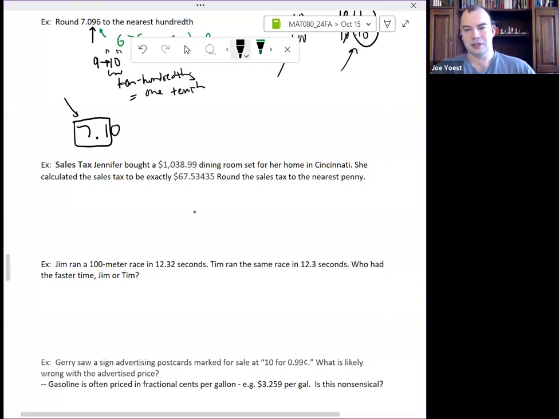Now, of course, in terms of dollars and cents, we can only pay in increments of 1 penny. I can't pay in increments of 1,000th of a dollar or 1/10,000th of a dollar. So I can only pay in increments of a penny. So I want to round to the nearest penny, or in other words, the nearest hundredth of a dollar. 1 penny is 1/100th of a dollar.